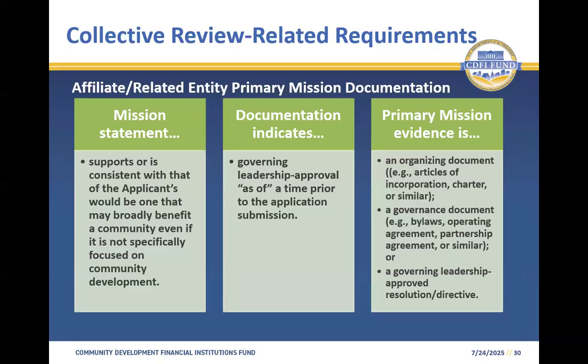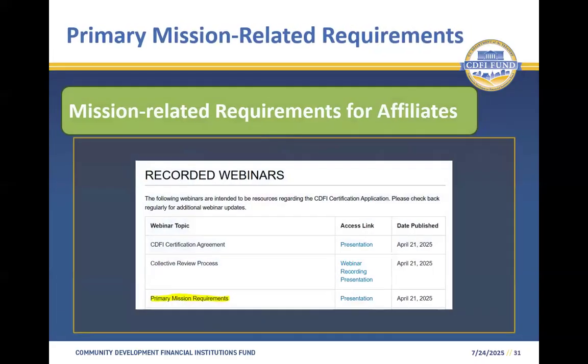The mission must be approved by the organization's governing leadership, and the document that evidences the affiliate's mission must be on one of the CDFI Fund accepted document types: an organizing document, a governance document, or a governing board resolution. For more information about the primary mission affiliate requirements, check out information in a recent webinar we hosted on the primary mission.